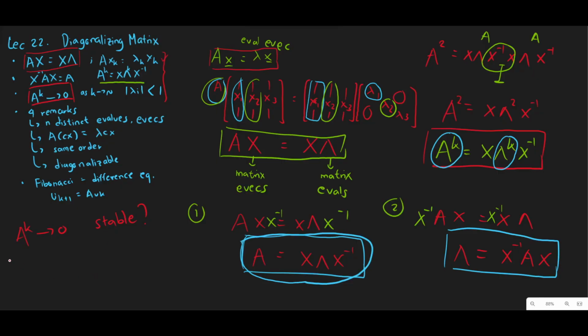This happens as k goes to infinity, when the eigenvalues, all of them, have absolute value smaller than 1, which means they are 0.something, or even negative numbers, because when you raise them to a really big power they get to 0, and eventually the system goes to 0 as well.